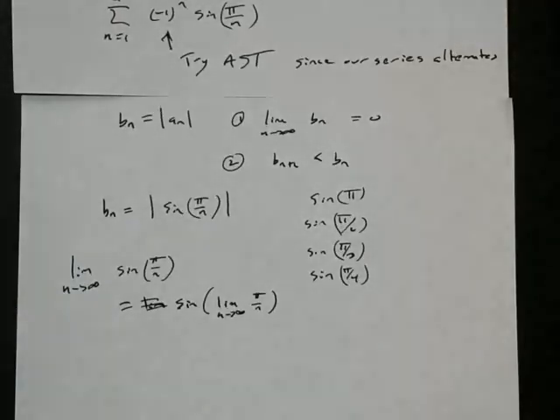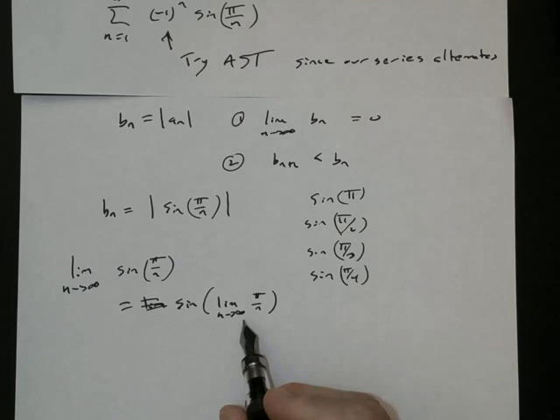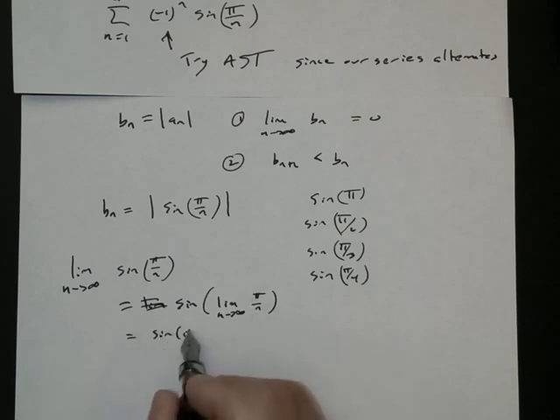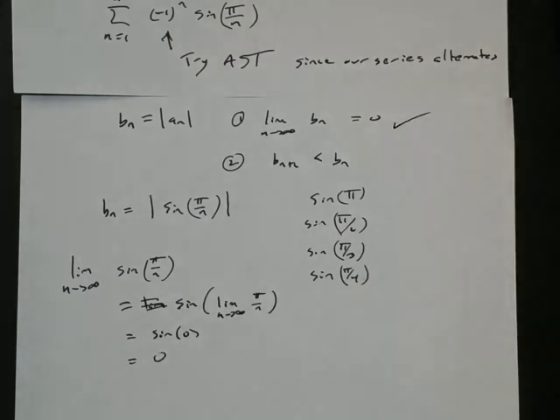Oh, way back in chapter 2, we said we could take limits inside continuous functions. What's this limit? Zero. Pi divided by something huge is 0, so this is sine of 0. What's sine of 0? Yay! That checks off the first one.